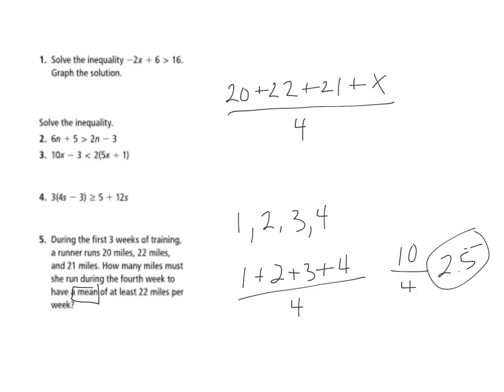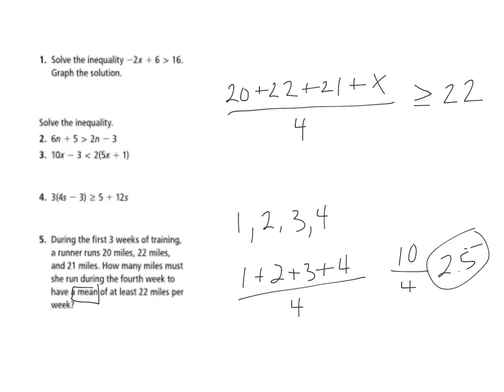Must she run during the 4th week to have a mean of at least, at the very least, 22 miles per week? And so this is going to be greater than or equal to, could be 22. So we've got 20 plus 22 plus 21 plus some unknown divided by 4. It has to be greater than or equal to 22.